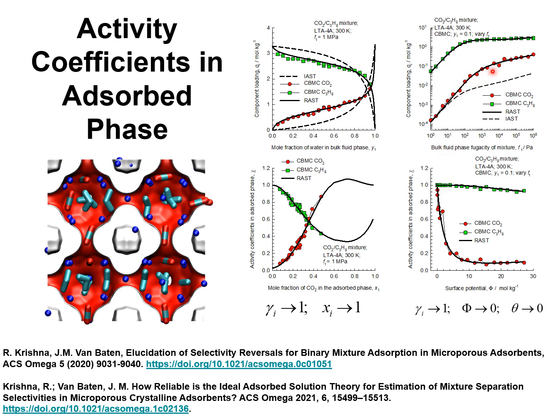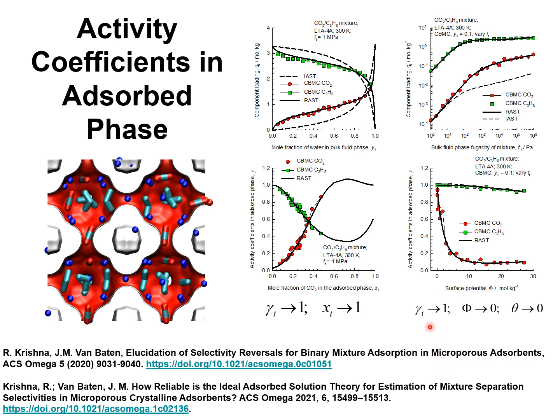If we back out the activity coefficients in the adsorbed phase mixture and plot them as a function of the surface potential, we see that as the surface potential is reduced to vanishingly small values, which also implies that the pore occupancy is vanishingly small, then the activity coefficients of both components approach unity.